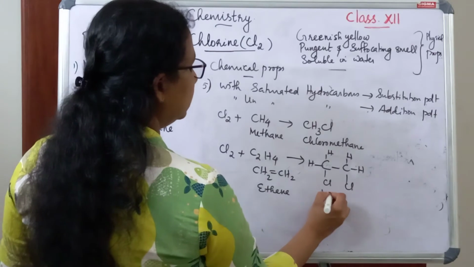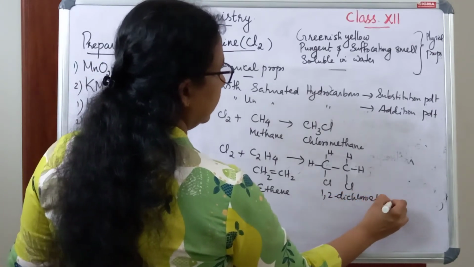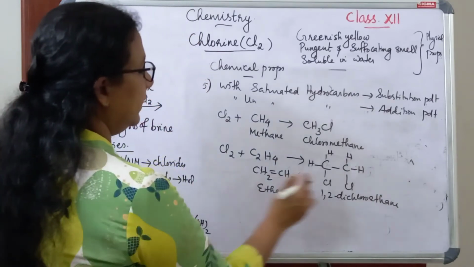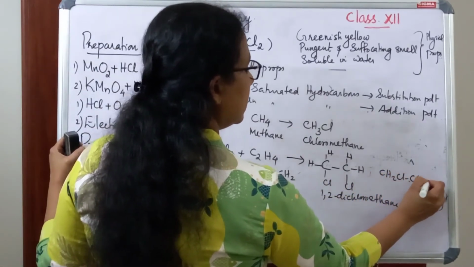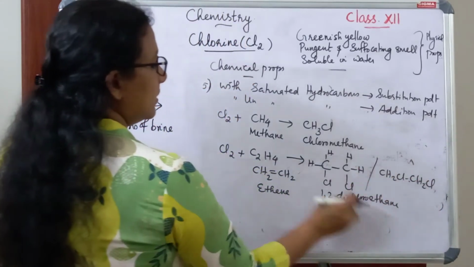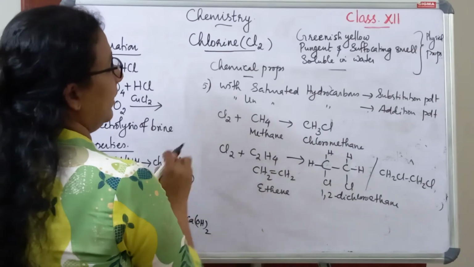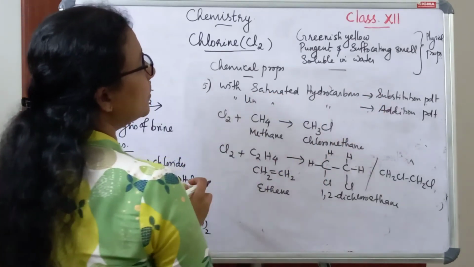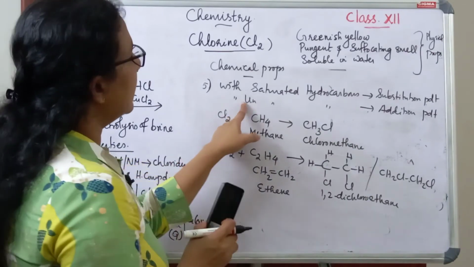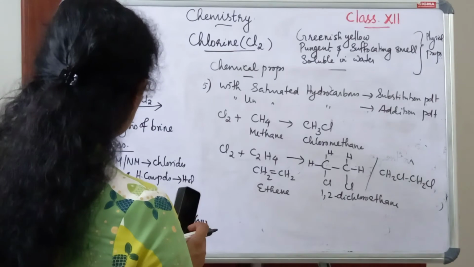This is 1,2-dichloroethane, or we can write CH2Cl-CH2Cl. This is an addition product. So with a saturated hydrocarbon, it gives a substitution product, and with an unsaturated hydrocarbon, it gives an addition product. So these are the reactions.